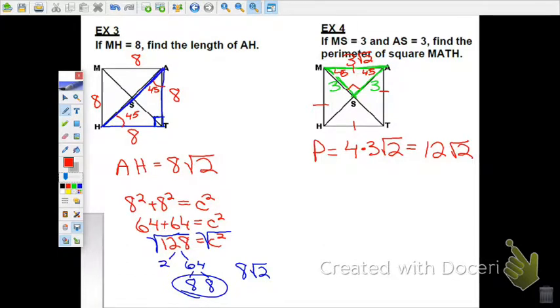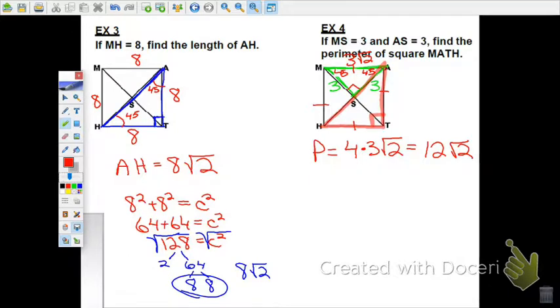So that was one way we could have looked at it. If you had trouble seeing that that was a 90-degree angle, we have other options. We could have looked at HAT as being a right triangle.